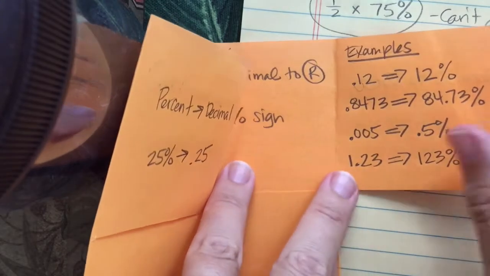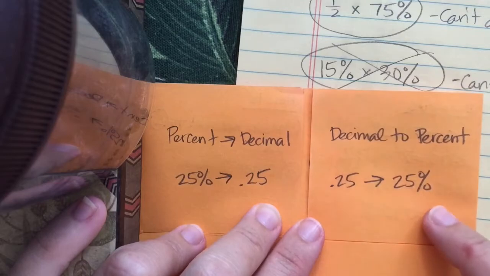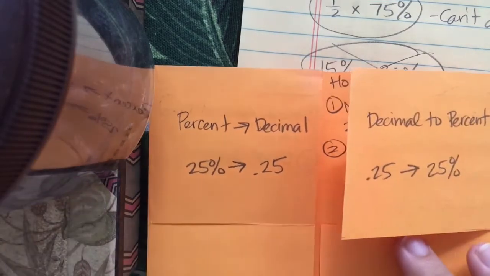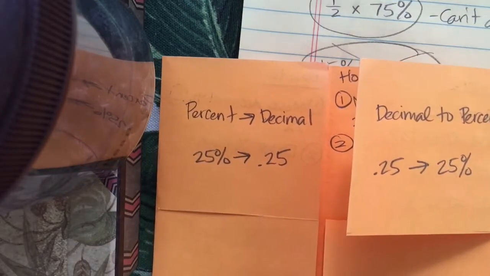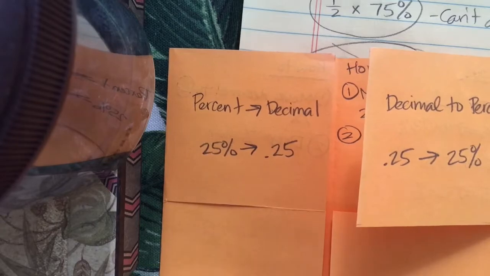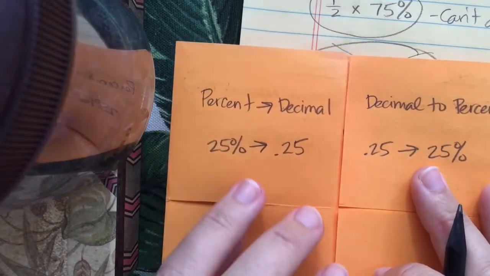Okay, so for percents to decimals, decimals to percents, we're just moving decimals and adding or taking away percent signs. Okay, just make sure you always move it 2 places, not 1, not 3, only 2 places to the left or to the right, depending on what you're doing.